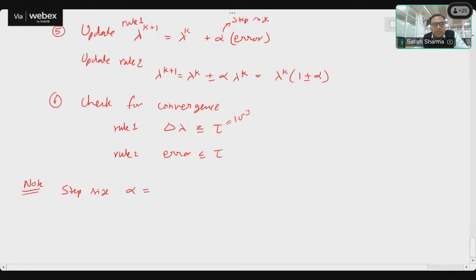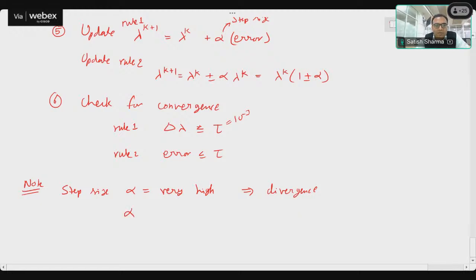If this alpha is very high, and this very high is also relative, let me tell you, it depends on the system size and how many generators there are, but let's say if this alpha is very high, the change in lambda will be very large, and it will lead to divergence, so our solution will diverge.